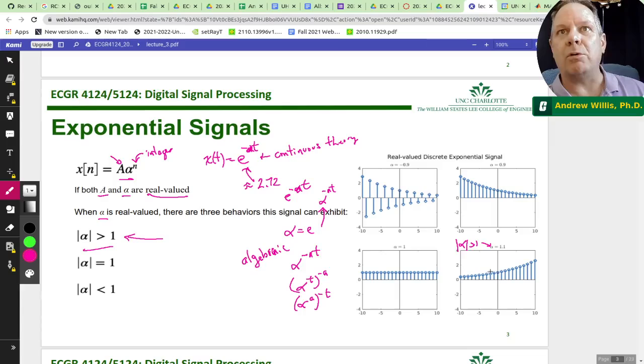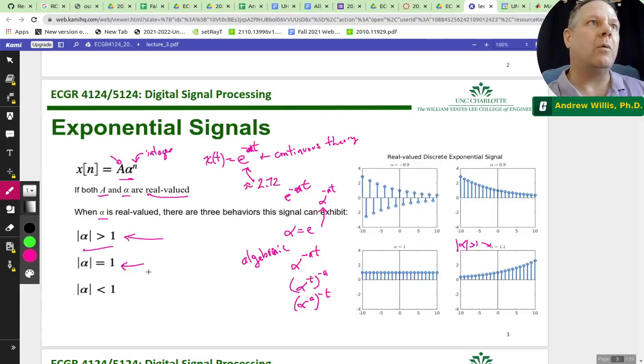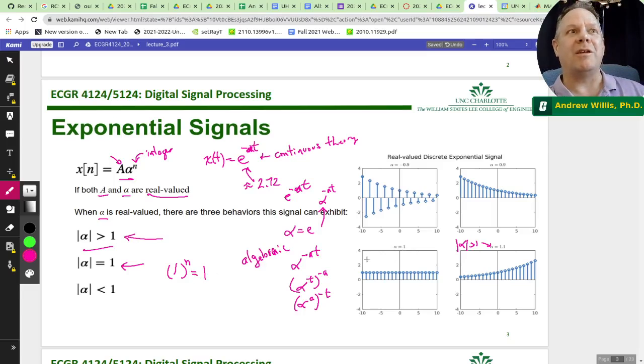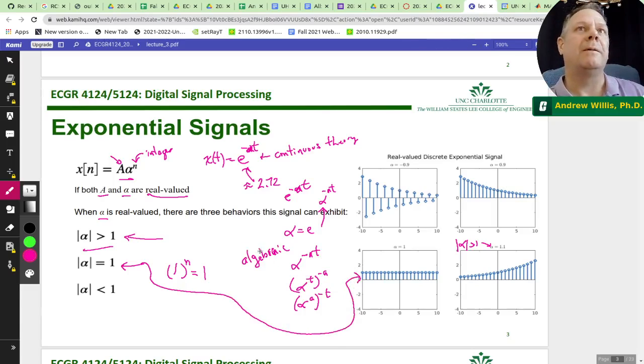Alpha to the n grows. So then there's alpha equal to 1. Well, when alpha is equal to 1, 1 to the n is always 1, no matter what value of n. So this plot here corresponds to alpha to the n.